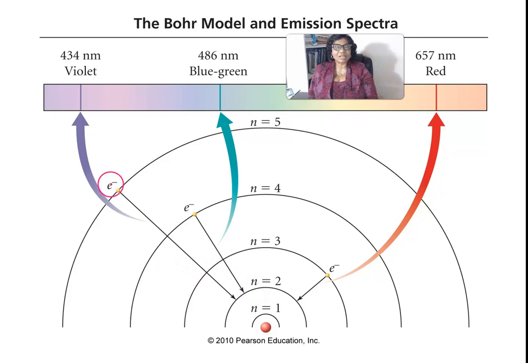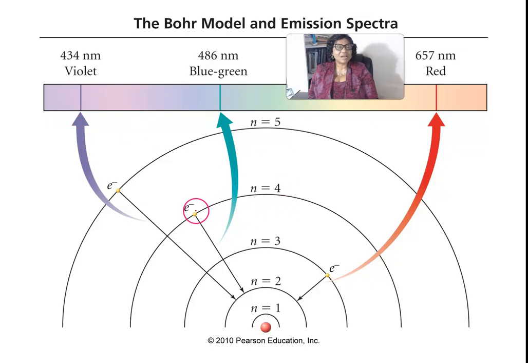So when an electron leaves from a higher energy level to a lower energy level, it gives out light in the form of a wavelength. And this light falls in the visible region of the spectrum. It has a particular wavelength, and that's why you can see a particular color.